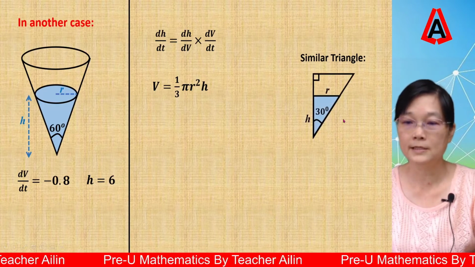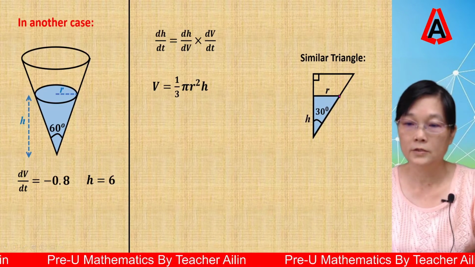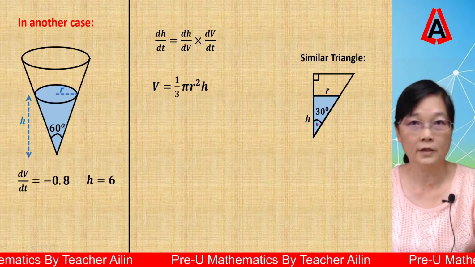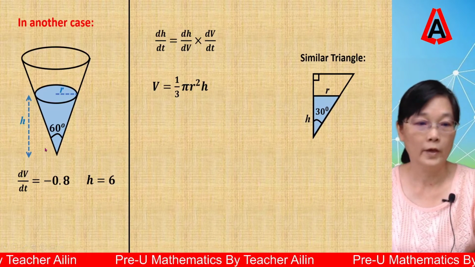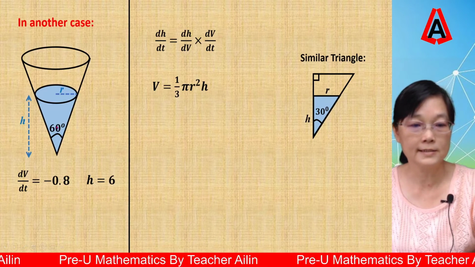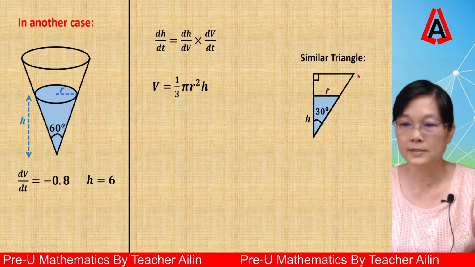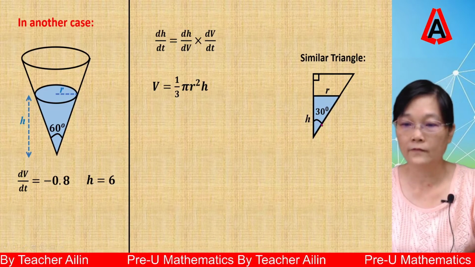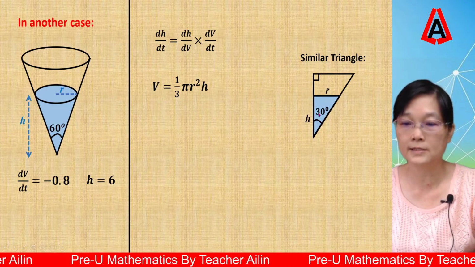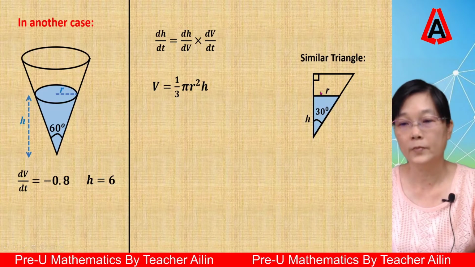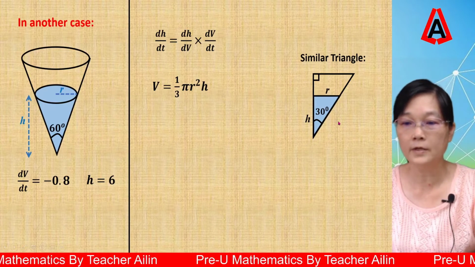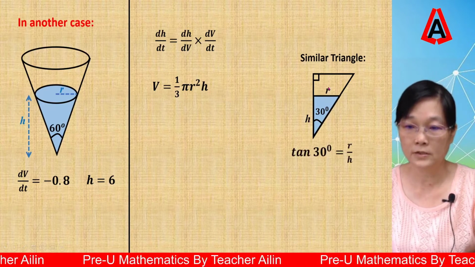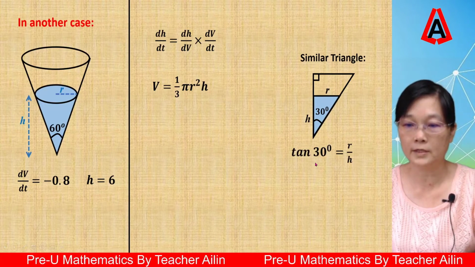But in this case, we use the angle at the end of the cone, where we are given the angle is 60, but because this is the half of the cone, the angle here is 30 degrees. So based on this diagram, the tangent of 30 degrees is equal to r over h.